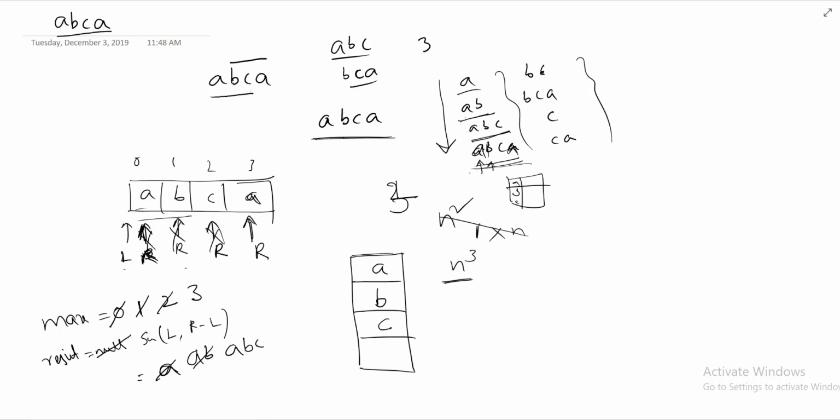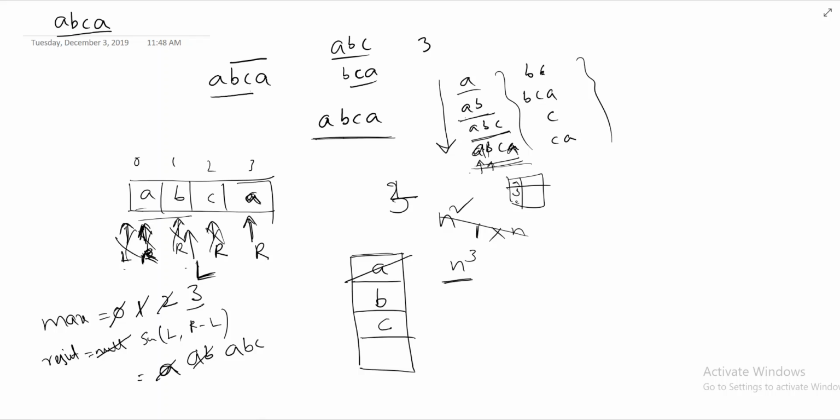A is already seen, so you need to reduce the window from L. Whatever is pointed to by L, here in this case A, we will remove the A from the hash set and update L. R minus L is 2, so the max is still 3, the maximum is not being changed.